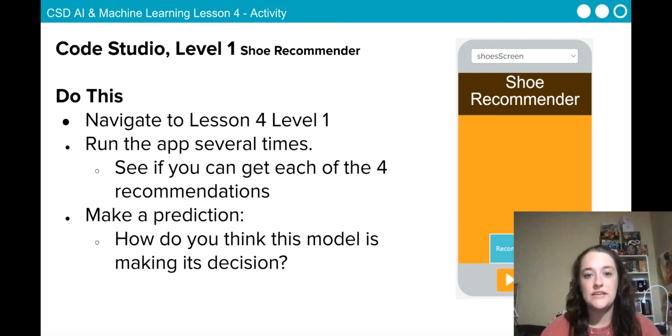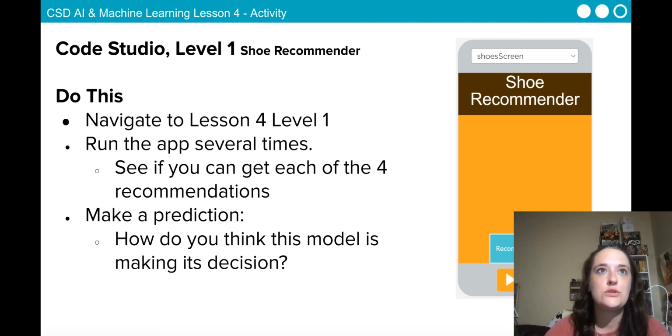Once you get to Lesson 4, Level 1, run this app several times. See if you can get each of the 4 recommendations, and then make a prediction. How do you think this model is making its decision?